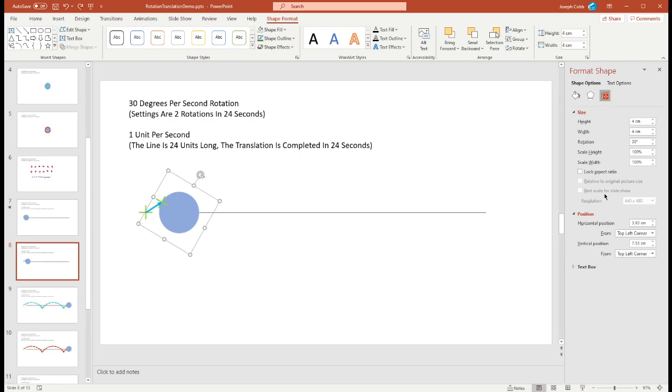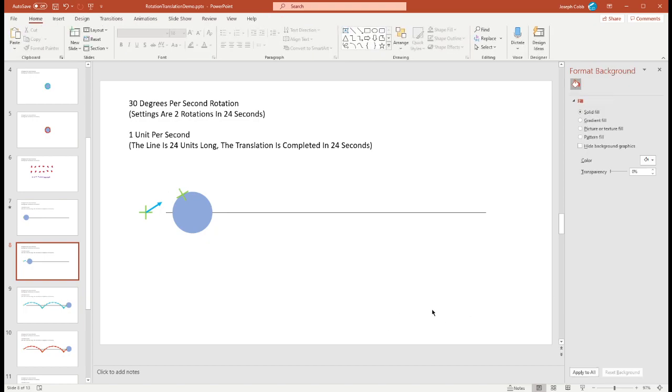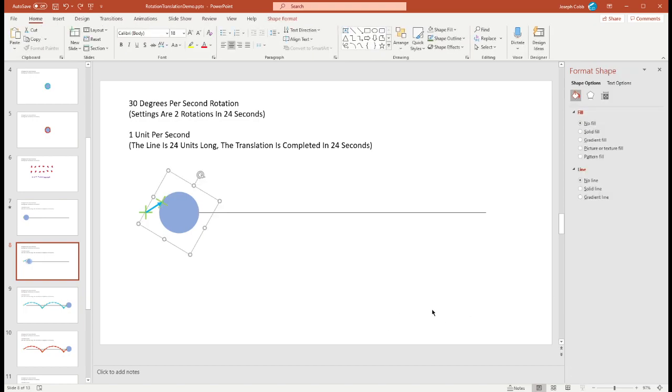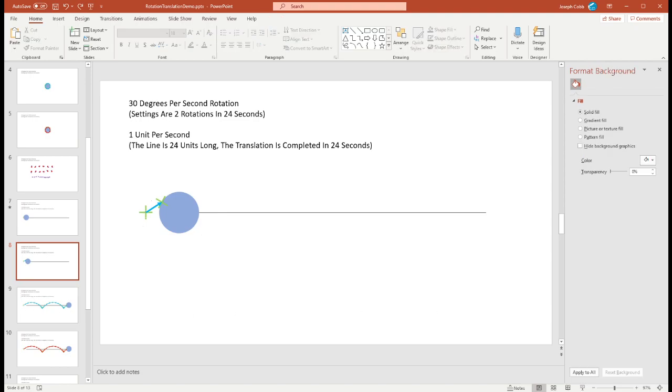Size and position. Here you can do the rotation. You can set it 60 degrees and then add 1 centimeter in horizontal motion. There you go. That's the next position. Easy peasy. Okay, cheers.